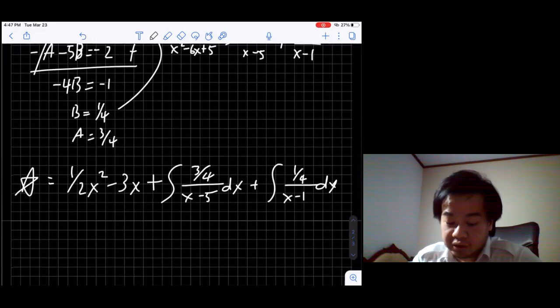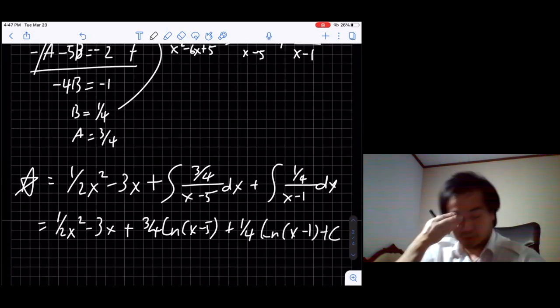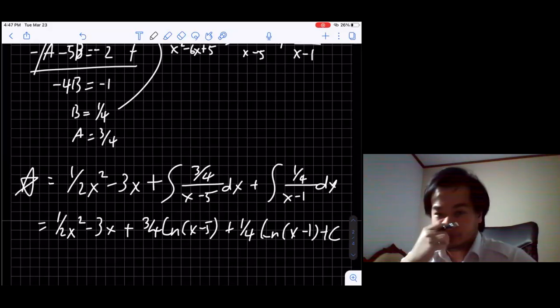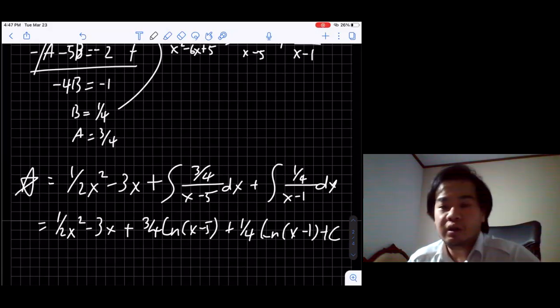So it's equal to half x squared minus 3x, and then this is 3 over 4 ln x minus 5, and this is 1 over 4 ln x minus 1 plus c. So that's how you integrate a rational function by using the method of resolving into partial fractions.